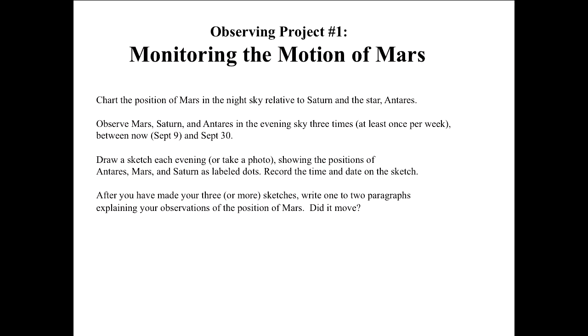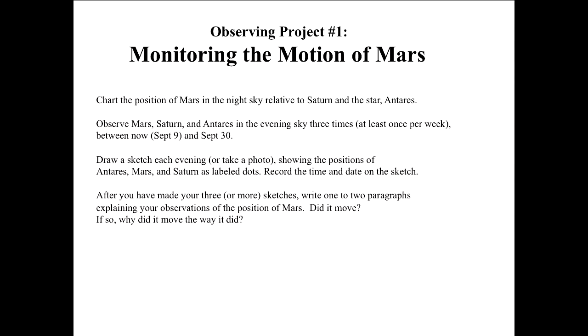A few sentences is fine with me, 3, 4, 5 sentences, explaining why did Mars move if it moved, and if it didn't move, explain why it didn't move. So just a few sentences or a paragraph or so explaining why you think, given everything you've learned in this course so far, why Mars seemed to move relative to Saturn and Antares. So you have to be a real observant, observational astronomer.